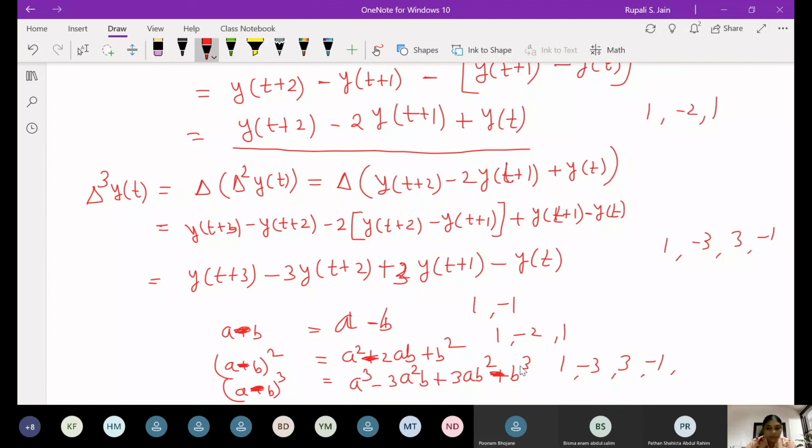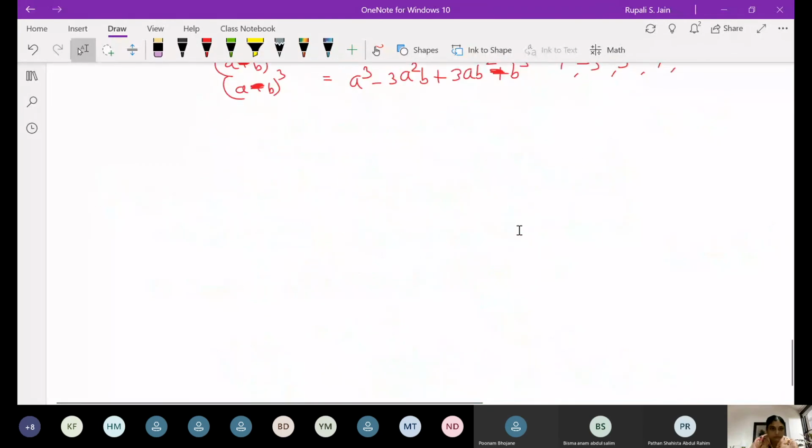So binomial coefficients you can use here, a minus b raised to n. What is a minus b raised to n?